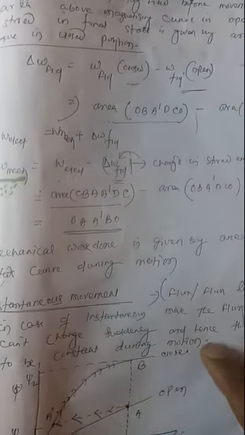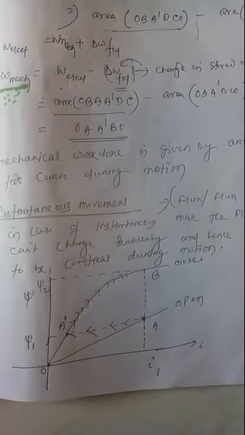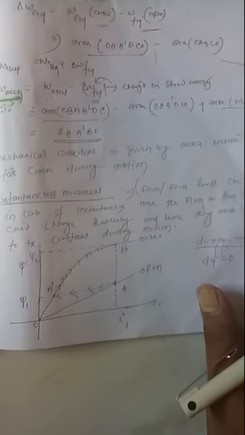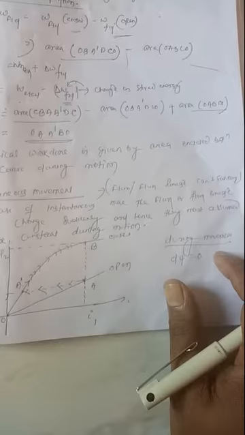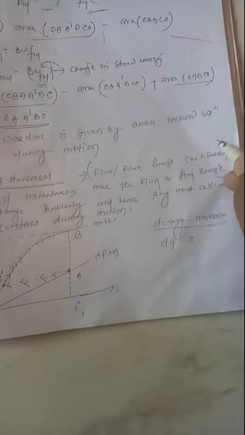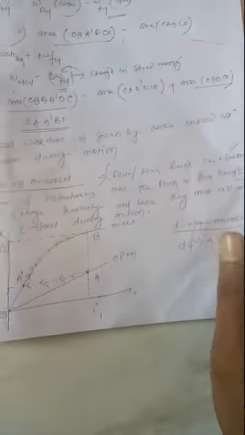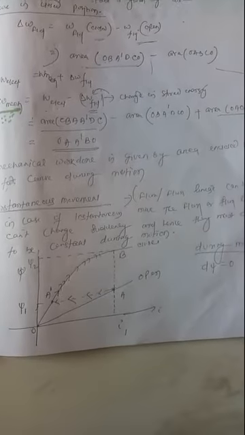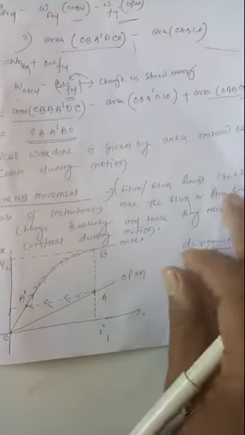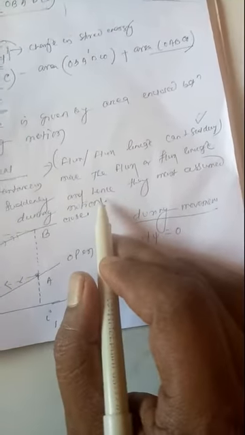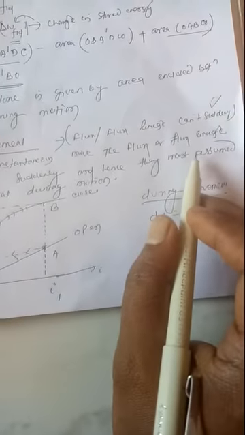Now consider the instantaneous motion. Here the flux, or you can say the flux linkage, cannot be steady. In the case of instantaneous motion, the flux or flux linkage can't change suddenly, and hence they may be assumed to be constant during motion.